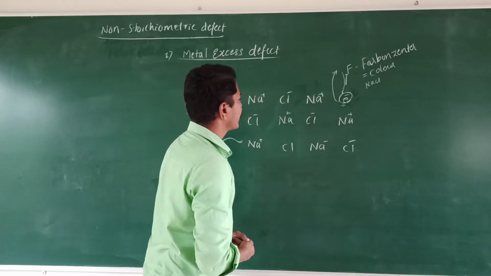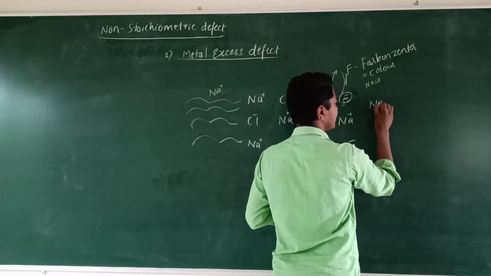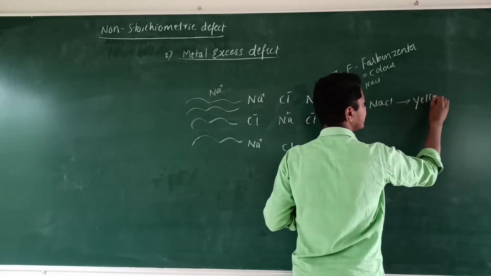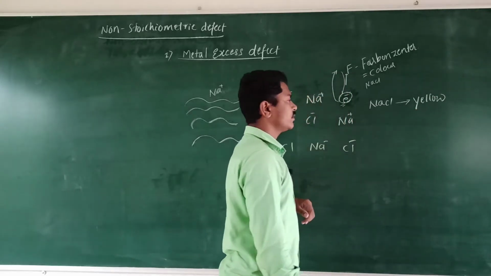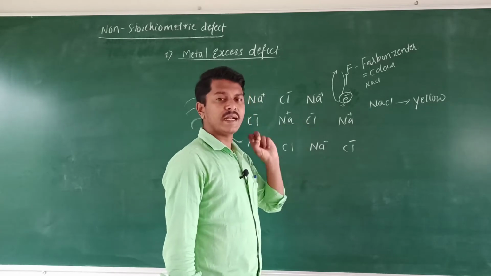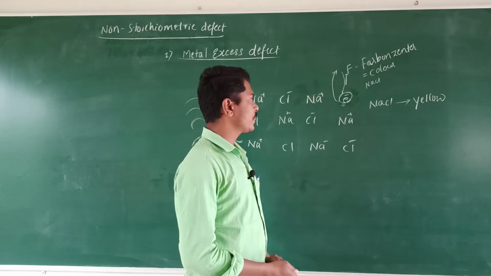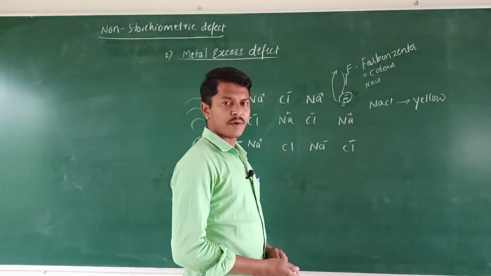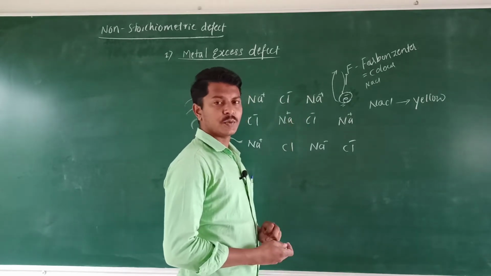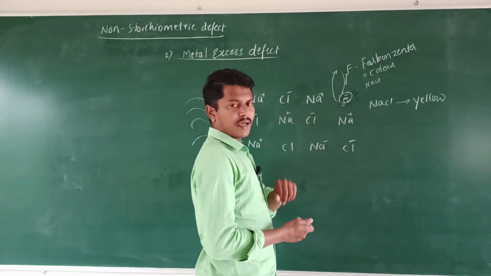NaCl shows yellow color. Because of the presence of unpaired electrons, it shows a magnetic property, that is paramagnetic property. It shows colored compounds, and it shows increased conductivity because of this electron.